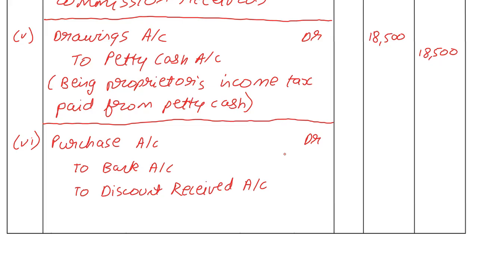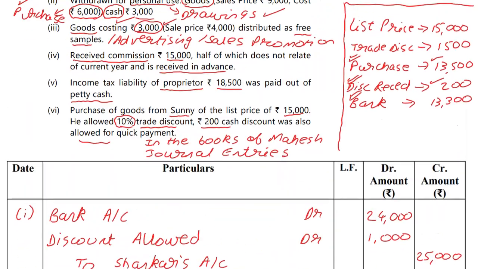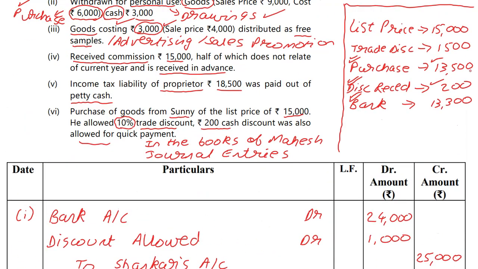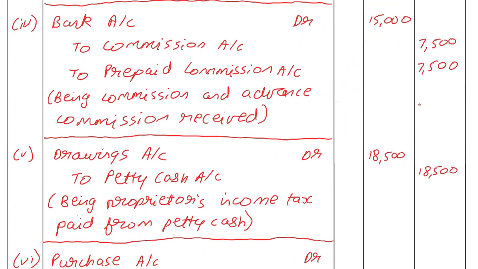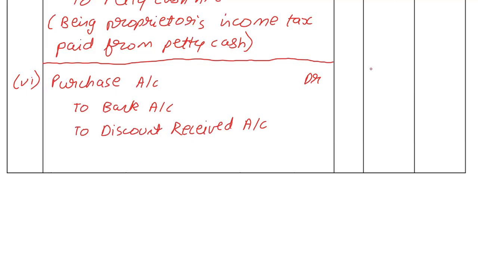Okay, and I'm going back up just to look at the numbers. All right, and we have 13,500, 13,300, and 200. Okay, and notice how we do not mention the supplier's name.